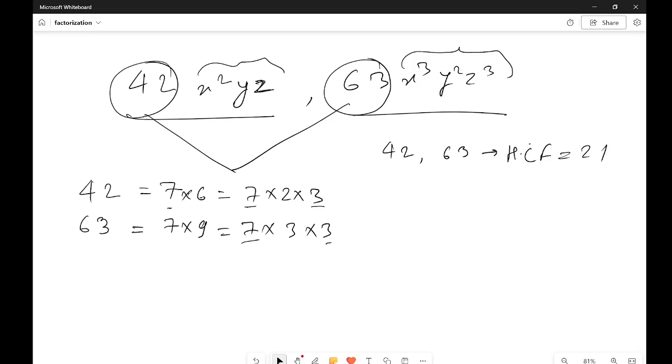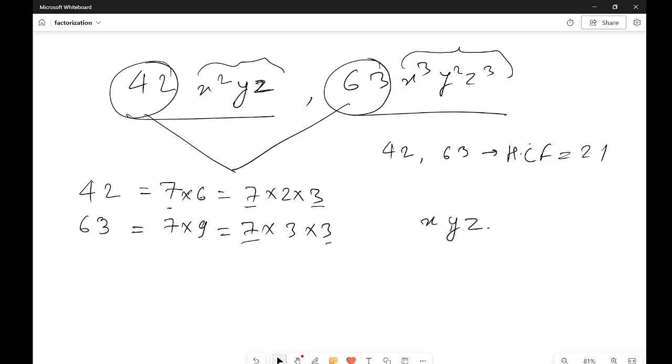The very first part can be solved just by looking. You don't even have to write it. Here you can see x, y, z, all three are available in both the expressions. But there are powers in these two expressions.